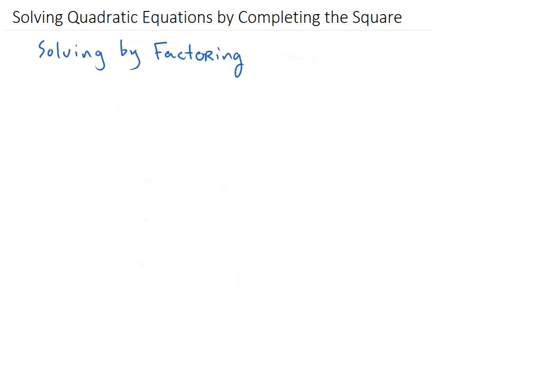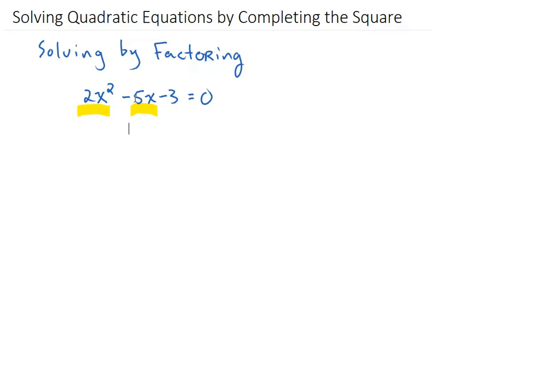Now solving by factoring we used on equations such as 2x squared minus 5x minus 3 equals 0. The reason why we needed another method for solving quadratics is because if we have both an x squared term and an x term, then we can't use the square root property because I cannot get the squared piece equal to just a number, no matter how I manipulate this equation by adding or subtracting terms from both sides.